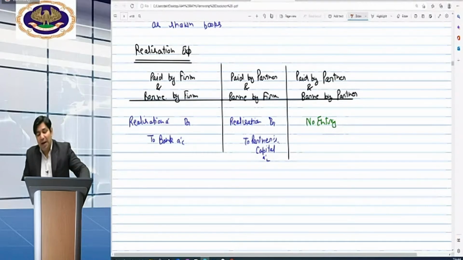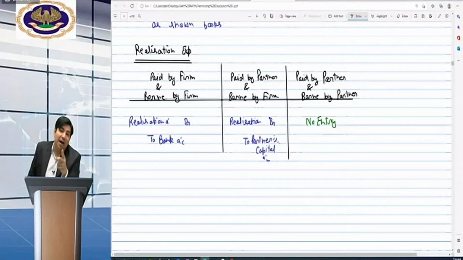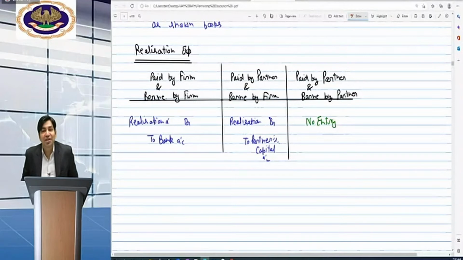If a partner is paying, then the partner will say in their book to bank, not the firm. Okay, beta. Who will bear? If the partner is bearing, then the partner will debit their profit and loss. If the firm is bearing, then the firm will debit its profit and loss. And today, all the profit and loss are being collected in the realization account. So instead of profit and loss, if the firm is bearing, then the firm will transfer all the things to the realization account.